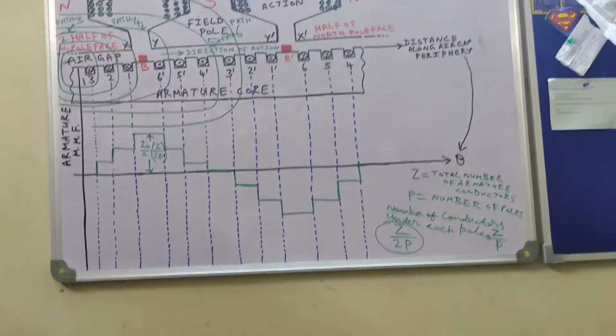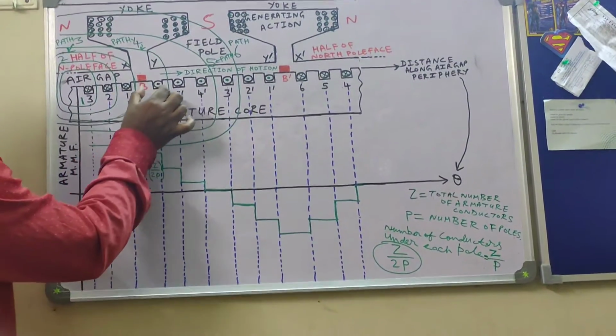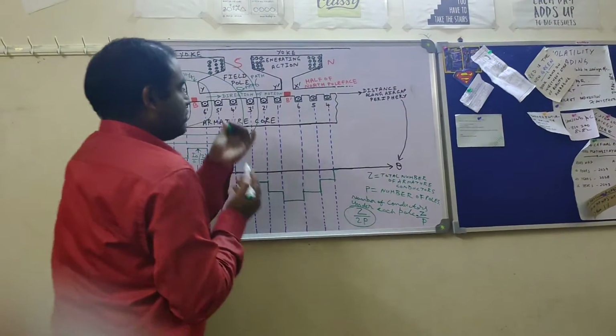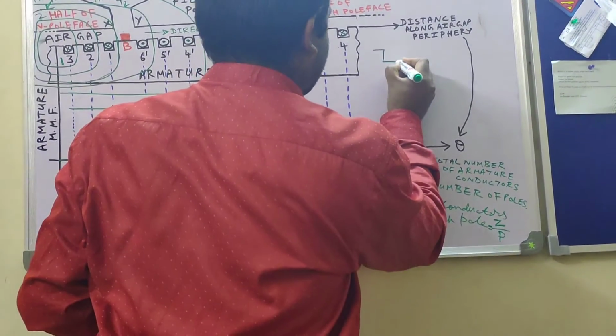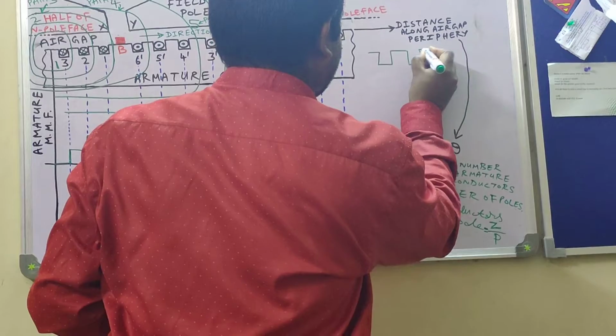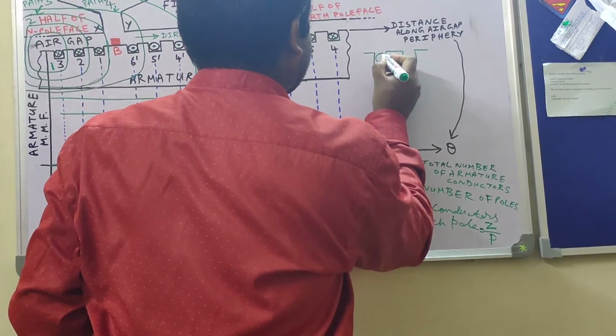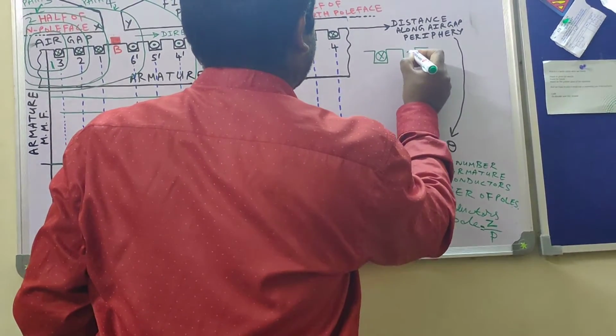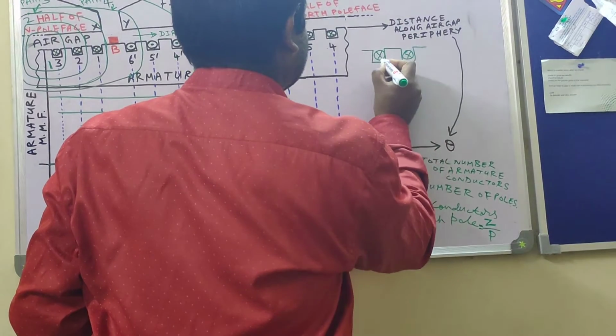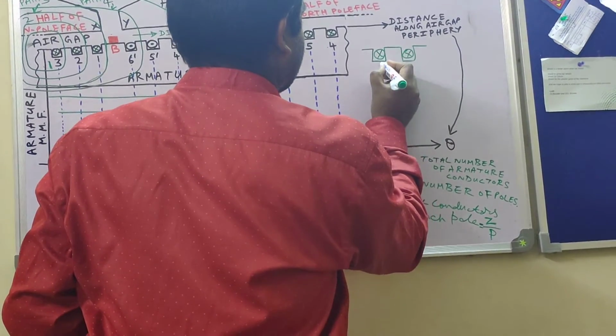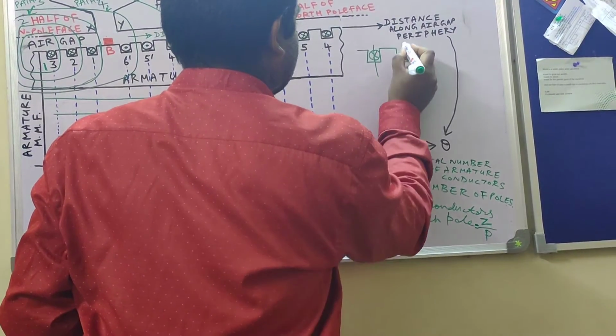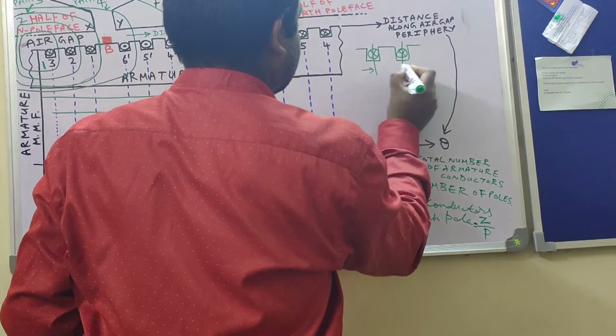Now this distance is the distance over one tooth and one slot. So this is your slot, this is your slot, and this is your tooth. This portion is known as one slot pitch.